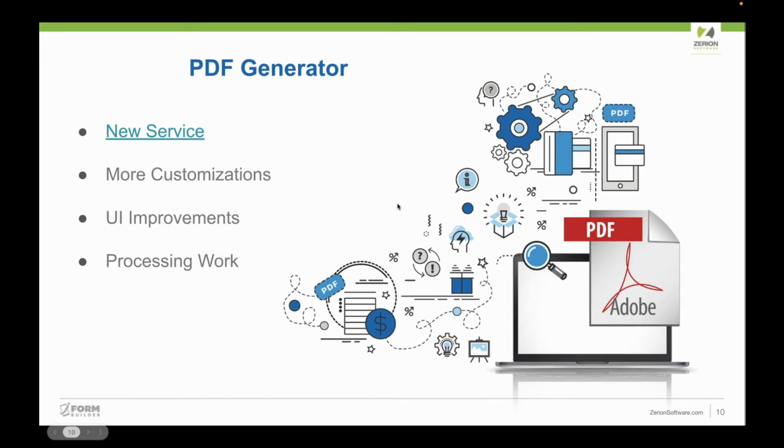So one of the big goals for this year is to create this new service that allows for UI improvements, for better speeds, for being able to handle more than one PDF at a time, and to do those customizations. We're just in the planning stages right now, so this is something people should look for more towards the end of the year. And I believe we have a community post created this morning, so we'll keep that updated as we start development and what we have in mind on that.